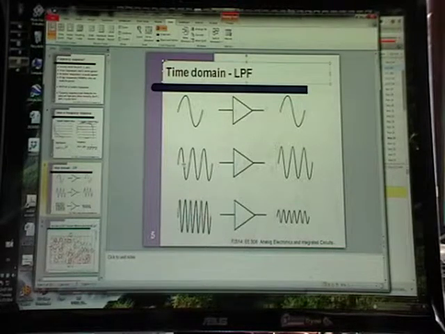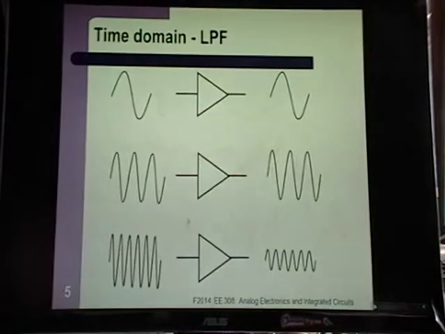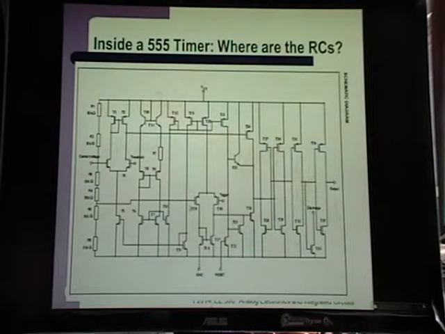If you speed it up, it is still letting the amplitude through. But at some point you get to a frequency where the amplitude doesn't get through. The amplitude is reduced. And you say, well, how often in a circuit does that really show up?